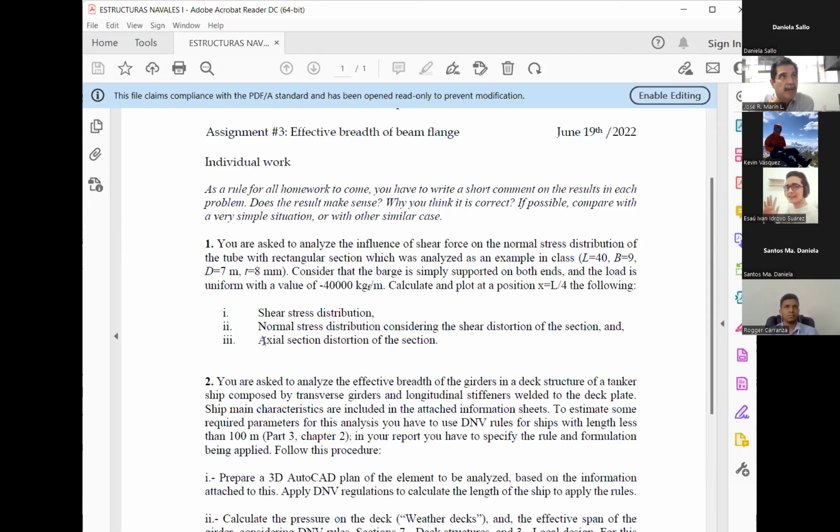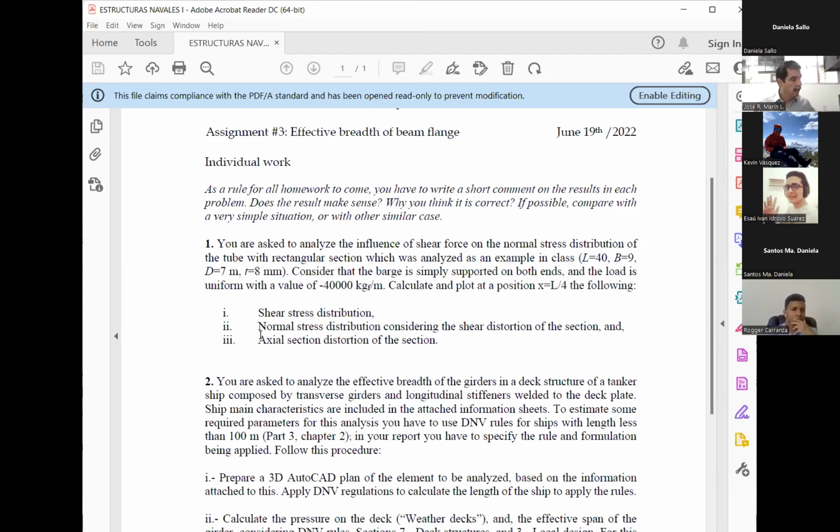You can apply the basic relations in order to evaluate the normal stress distribution in this section, applying Taylor's method. On the deck, even though the deck is at a constant distance from the neutral axis, the normal stress is not uniform, because of the influence of the shear.